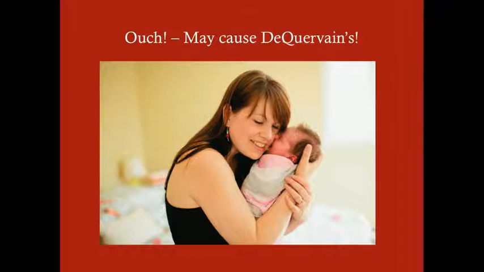And she's probably holding the baby like this for a significant period of time, quite often. And there's 2 ligaments that become aggravated when the muscles responsible for putting the hand in this position are constantly flexed, and those would be the extensor pollicis brevis and the abductor pollicis.